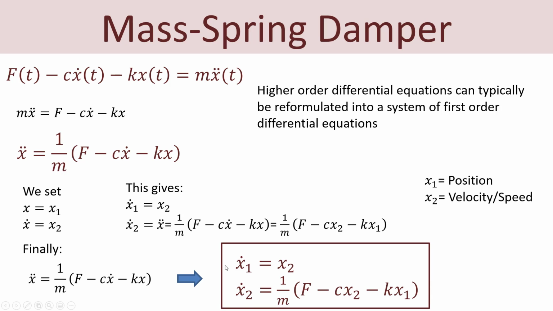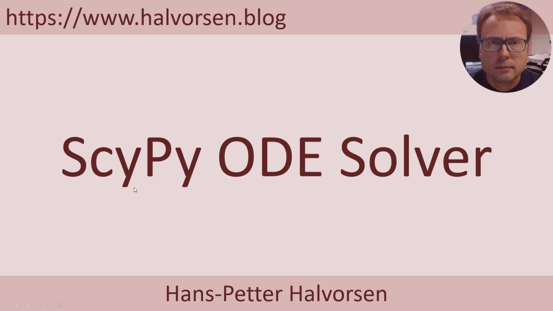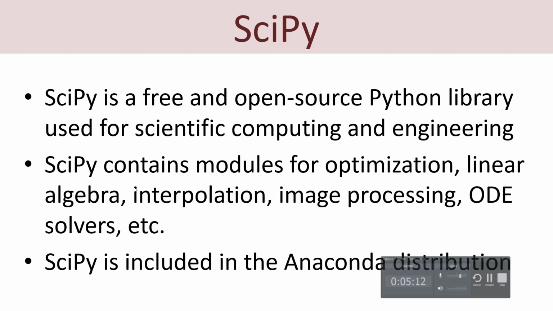So we will implement this mass spring damper system in different ways. Let's start with using the SciPy ODE solver. SciPy is a free and open source Python library used for scientific computing and engineering. SciPy contains modules for optimization, linear algebra, interpolation, image processing, and ODE solvers, which we are going to use now. The SciPy Python library is included with the Anaconda distribution.